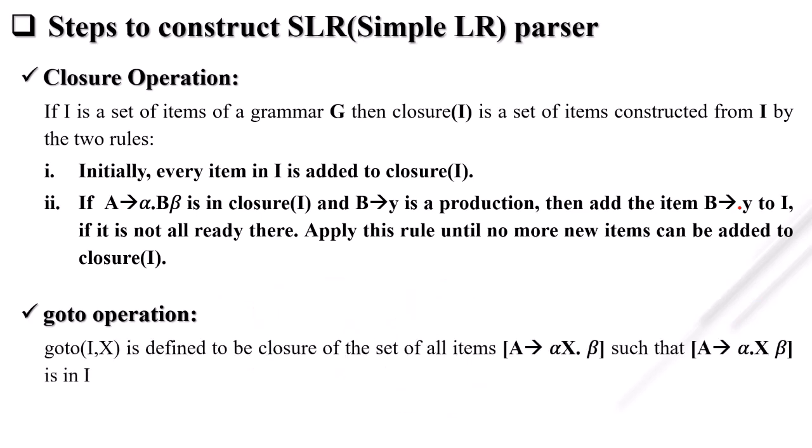So next, in LR0 items, the goto operation is also there. So what do we mean by goto? Goto of I comma X is defined to be the closure of the set of all items A tends to alpha X dot beta such that A tends to alpha dot X beta is in I. Okay, there is a state.